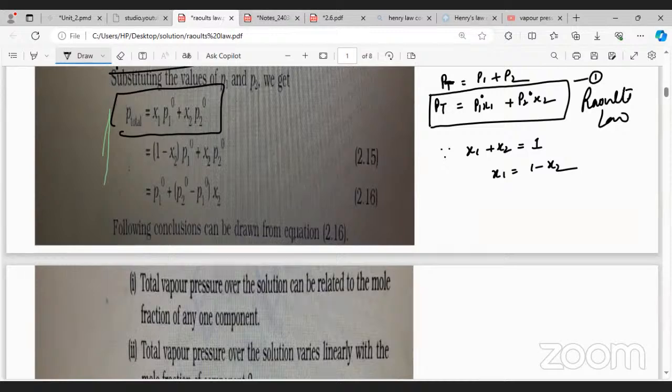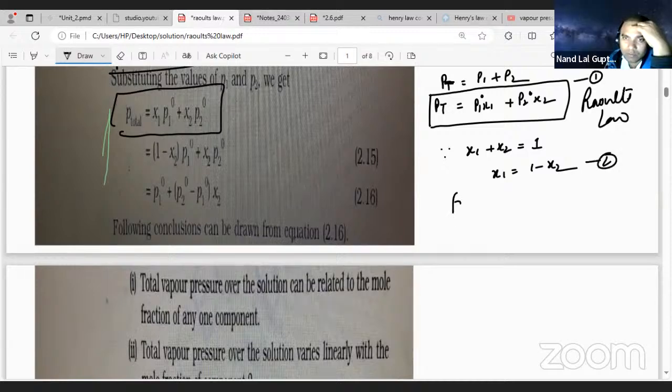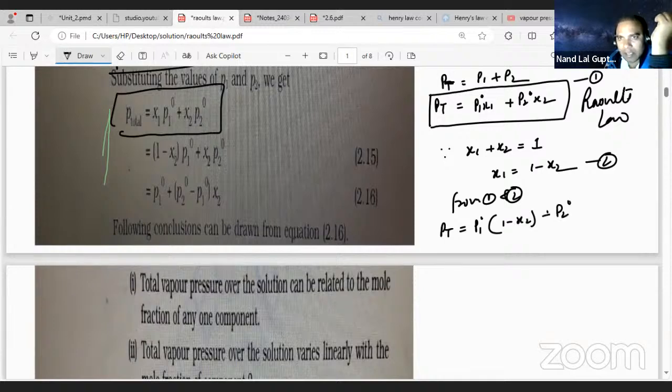This equation is 1, this equation is 2. From 1 and 2, we can write PT equal to P1 not in bracket (1 minus x2) plus P2 not x2. If you simplify this, PT is equal to P1 not minus P1 not x2 plus P2 not x2.